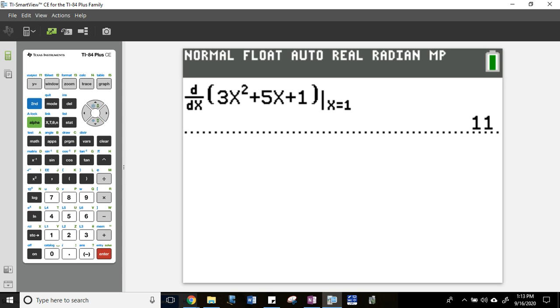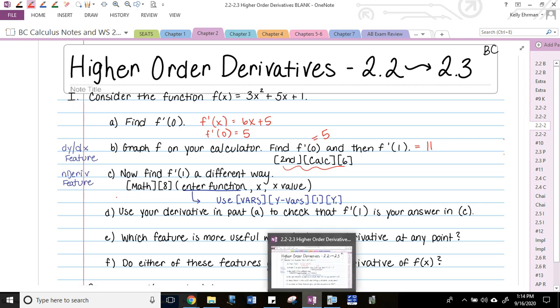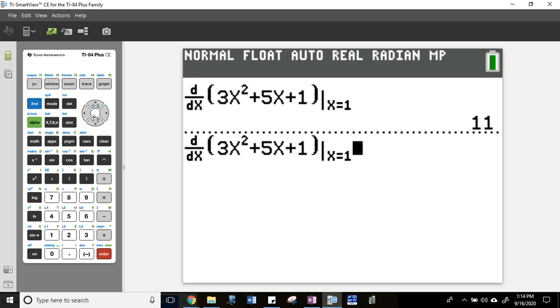If you don't have a calculator that has this math type, so like if you have an 83 or an older 84, then in these notes, you can see you have to, in parentheses, type your function, separate with a comma, tell it with respect to x, comma, put in the 1. You can also, if you didn't want to type out this entire equation, actually, sorry, clear this out.